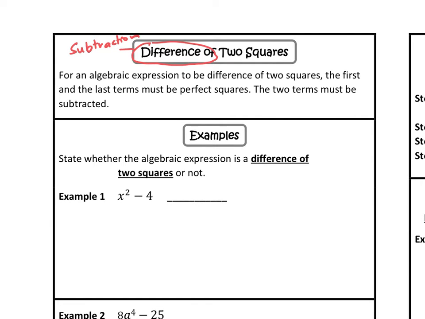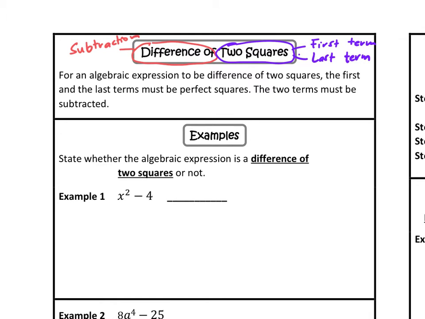And when we're talking about two squares, it means that the first term and the last term are perfect squares. So if we break it up, that's what it means.